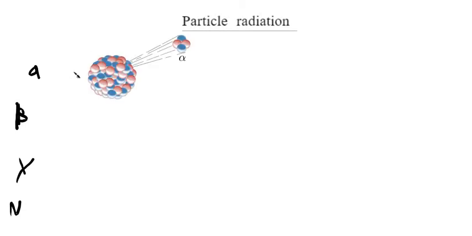First one, alpha decay, where an unstable isotope releases an alpha particle, as seen right over here. This alpha particle, as you can see, consists of 2 protons and 2 neutrons.